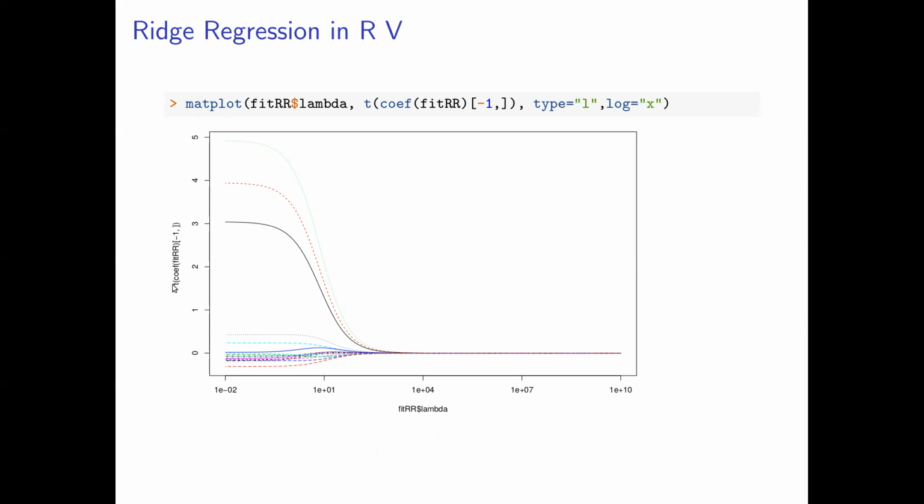And here we see the size of the coefficients, and basically the decrease of these lines and how far away they are from zero and how soon they start becoming zero is how quickly the shrinkage is happening here.